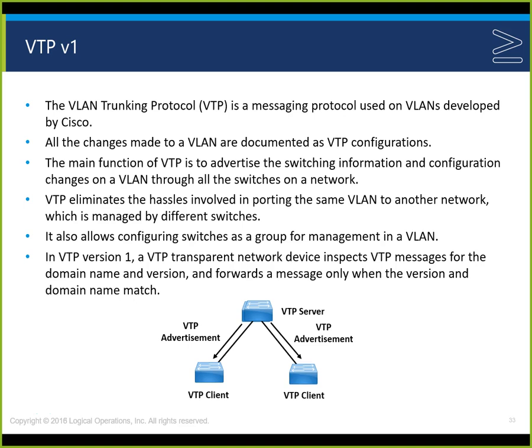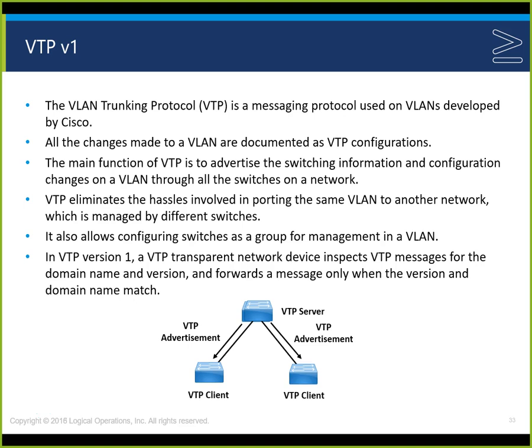The switches had to be in the same domain, and they will share the information. We can configure them centrally as far as making the VLANs. We can't centrally add the ports to them. They have to be done on the individual switches.